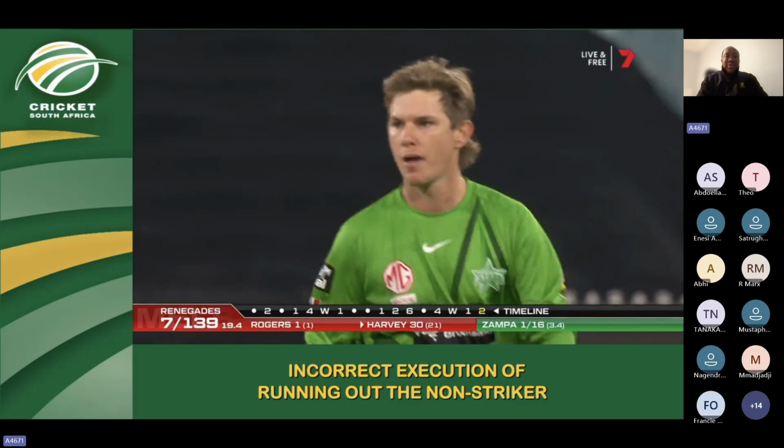When does the window period for running out the non-striker open? It opens as early as the ball comes into play. So when the bowler starts his or her run up, that is when they can attempt to run the non-striker out, and it closes when the bowler reaches his or her delivery stride, expected point of release in respect to the positioning of the arm.